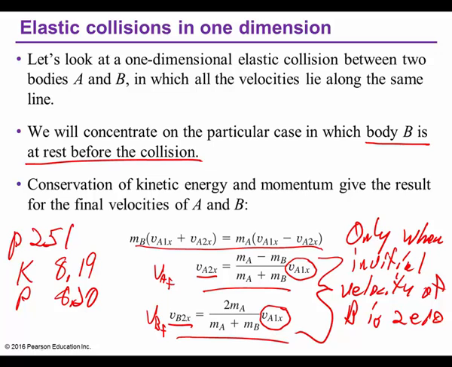In other words, one of them is moving and the other one is sitting still initially. It doesn't have to be B that's sitting still. It could be A, and B's moving. Everybody with me on that? They throw a lot of equations at you, but I'm just going to focus on the main ones because I want to move on and talk about center of mass. But that's elastic and inelastic.